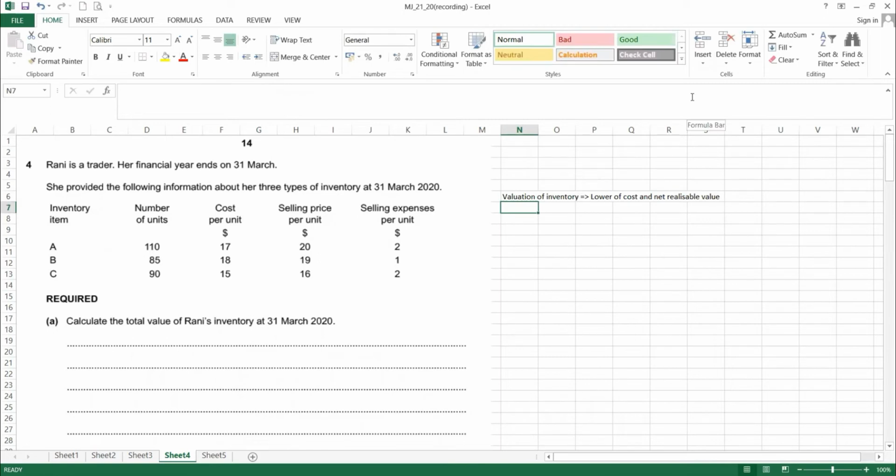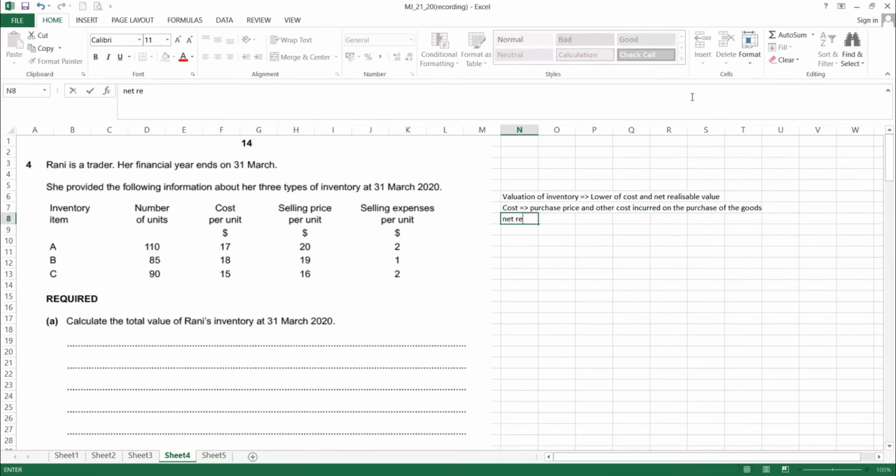Okay, what is meant by the cost? Cost is the purchase price and any other costs incurred on the purchase of the goods.